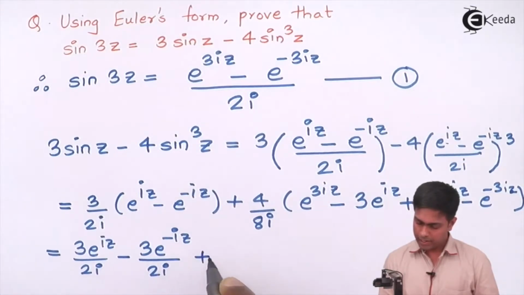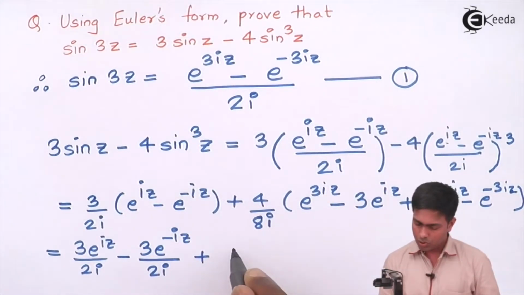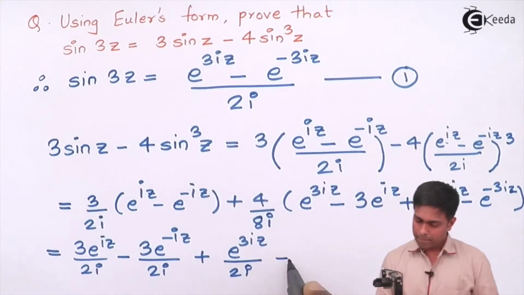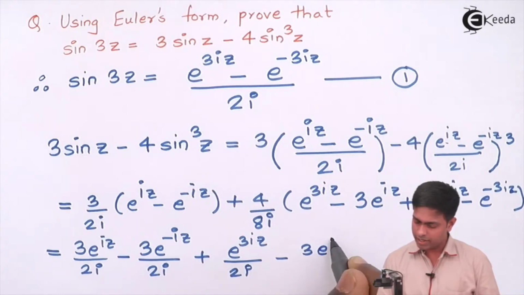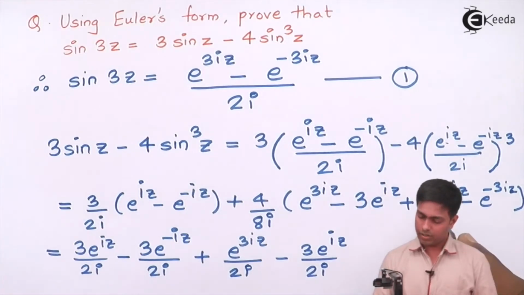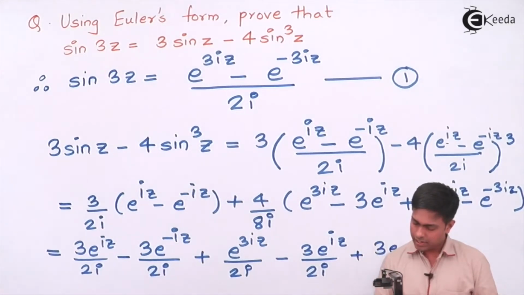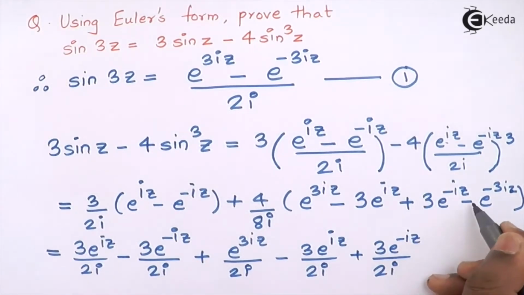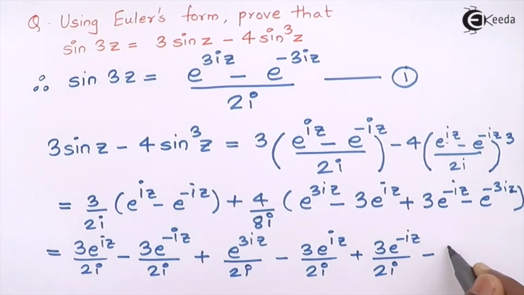Now here plus 1 upon 2i into this, so e to the power 3iz upon 2i. Here minus 3 upon 2i, so minus 3 e to the power iz upon 2i. Here plus 3 e to the power minus iz upon 2i, and the last term is minus e to the power minus 3iz upon 2i.